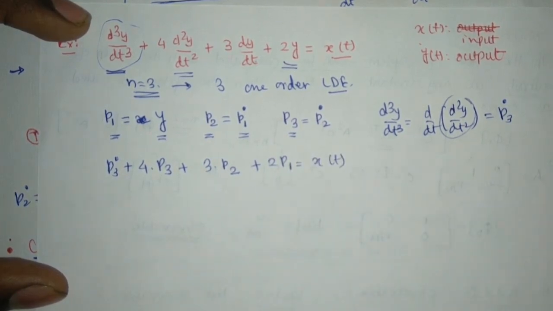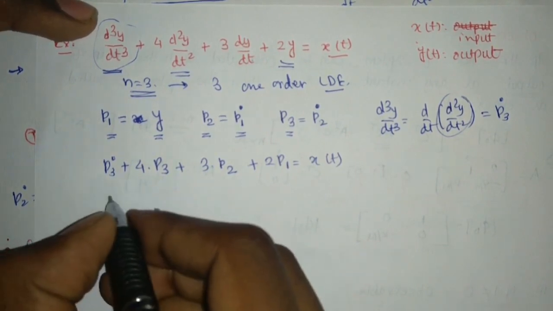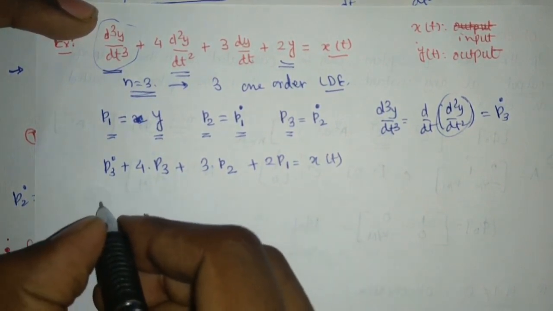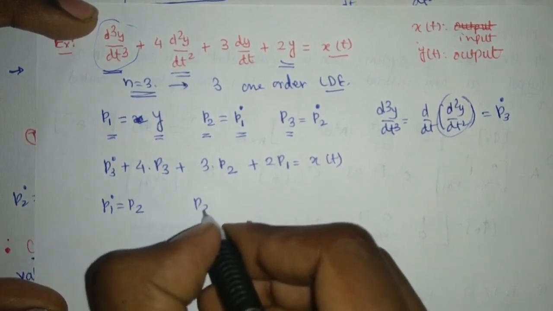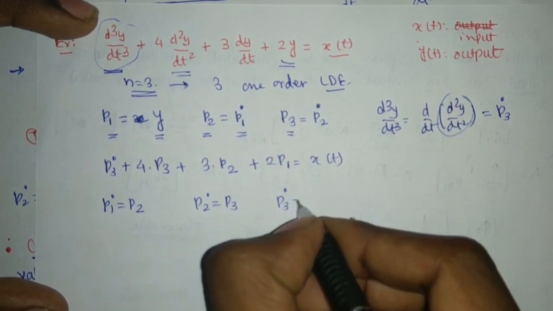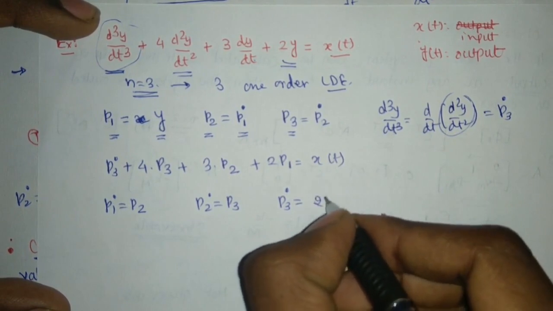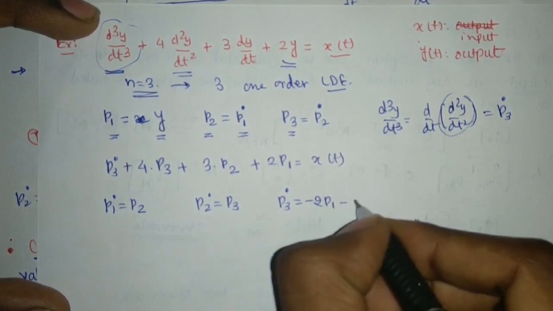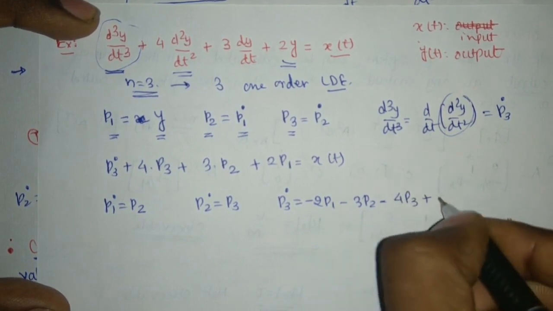We can have only one differential in our equation, and it has to be a single differentiation. So the final equations that I am getting here are P1 dot is equal to P2, P2 dot is equal to P3, and P3 dot is equal to, taking everything to that side, 2P1 minus 3P2 minus 4P3 plus x(t).